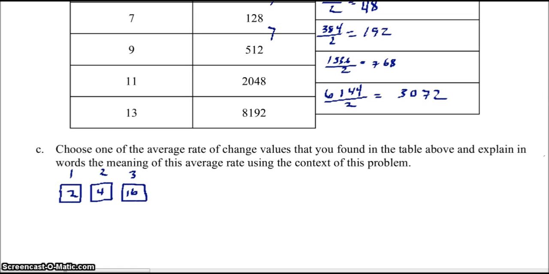Okay, and then we saw that if we look at the change in the number of pennies over the change in the square, from 1 to 3 square, so 3 minus 1 here and 16 minus 2 here, we got 14 over 2. That doesn't seem right.